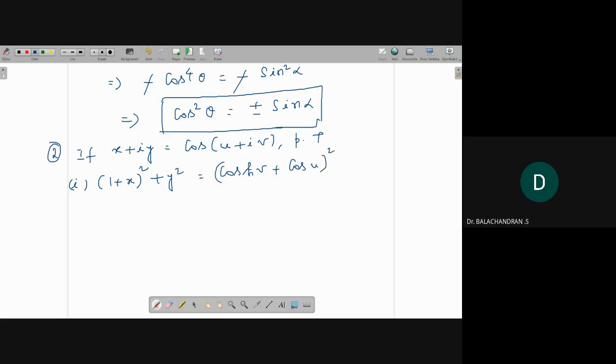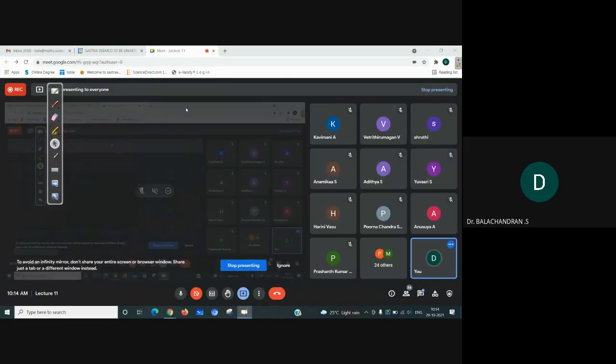One more thing I want to tell you about the assignment. Try to do the assignment problems in a separate notebook if possible. I'm not compelling you. There is no need to take a photo of all the problems. There are 35 problems, and you need to submit any 10 out of 35. Suppose I solved 5 to 10 problems; the remaining 25 you need to do in your notebook.